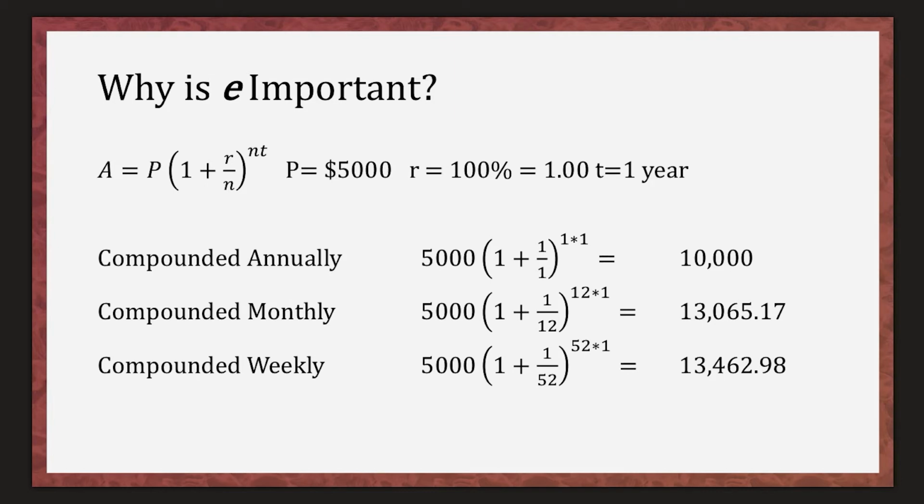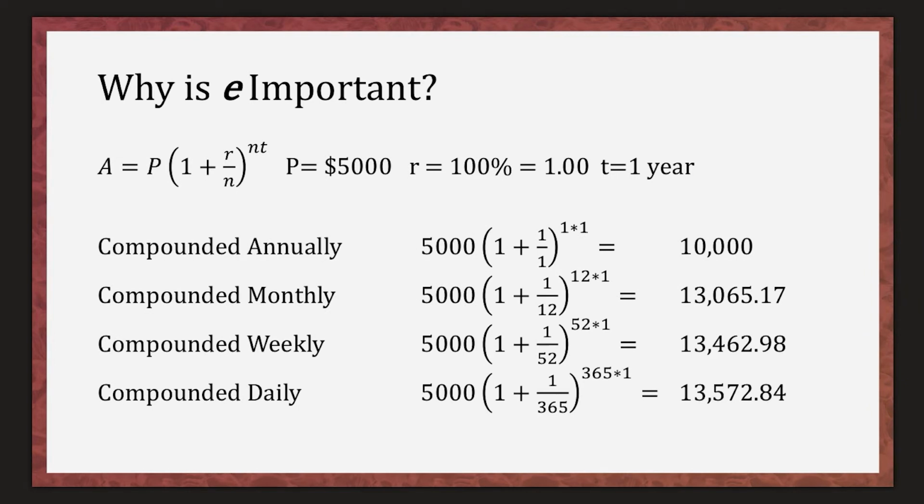By compounding the interest daily, assuming there are 365 days in a year, you will have earned $13,572.84, which is over $3,500 more than if you compounded the interest yearly, but only $110 more than if it was compounded weekly.